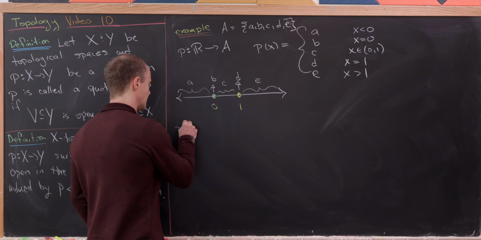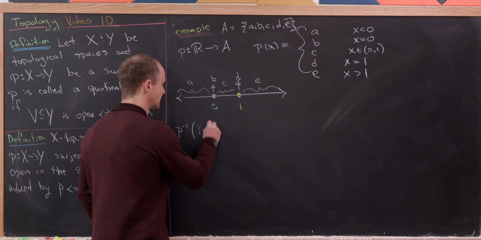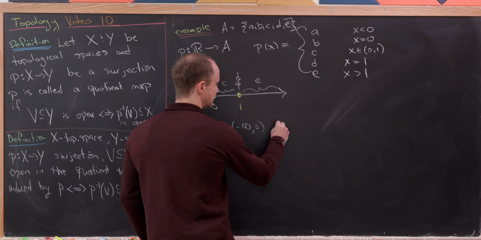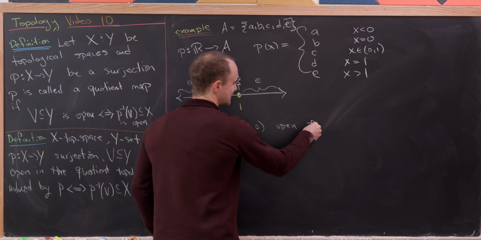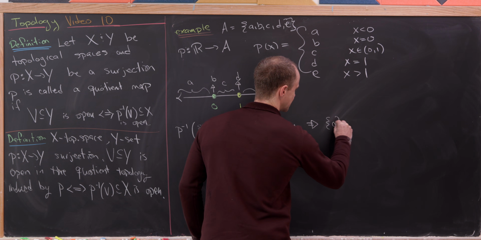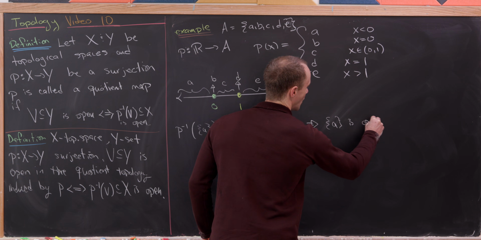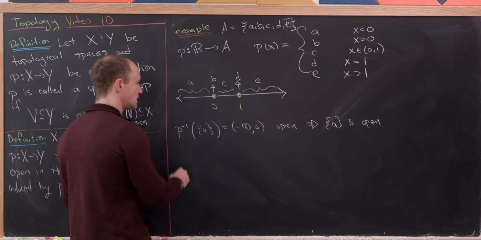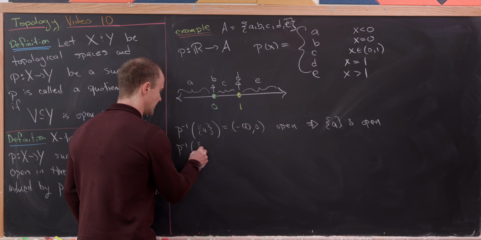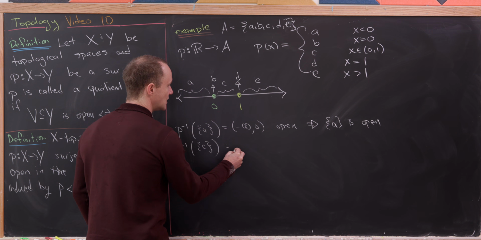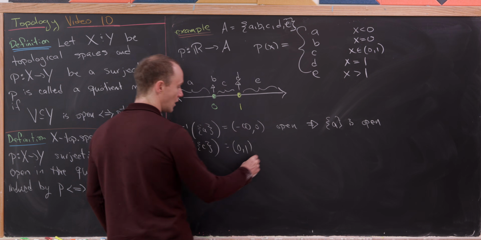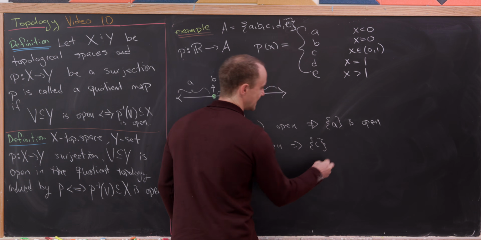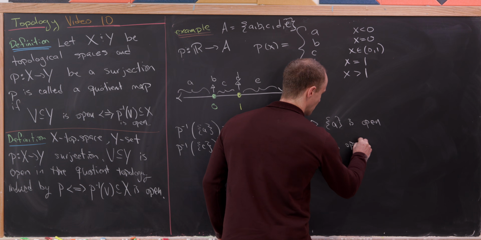So let's observe that the pre-image of the singleton A is going to be the interval from minus infinity to 0, which is open, but that tells us that this singleton containing A is open in the quotient topology. Notice also that the pre-image of the singleton containing C, which is from 0 to 1, is also open, but that tells us that the singleton containing C is also open.